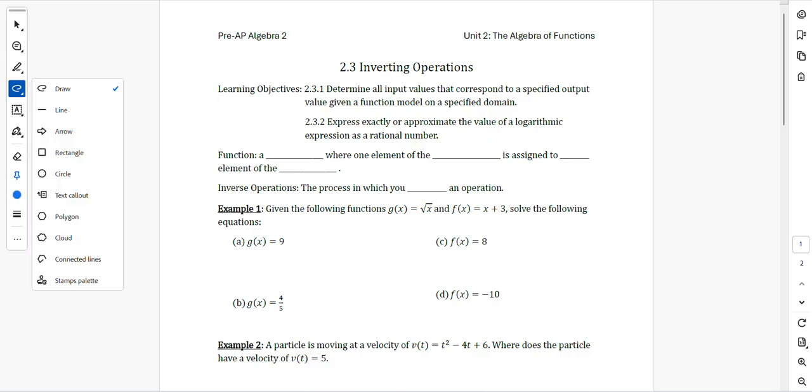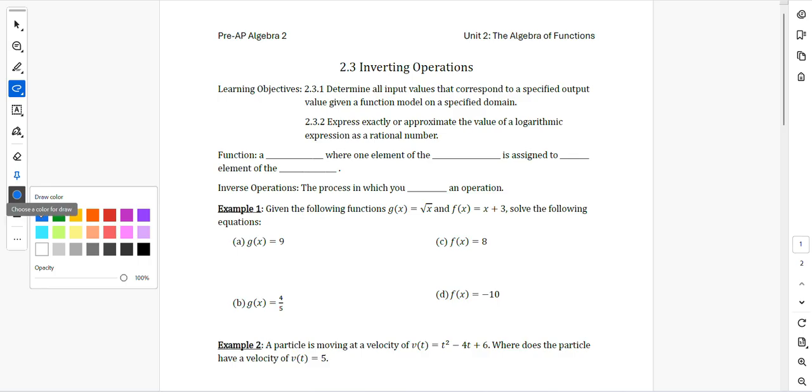So how we define a function is really important because this definition of a function can be used in a lot of different scenarios.